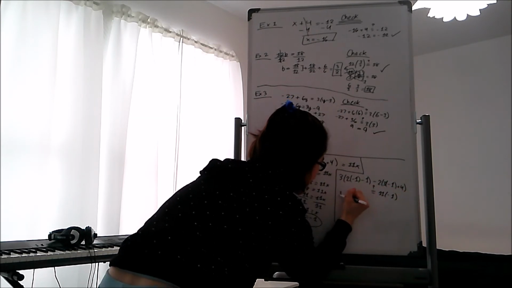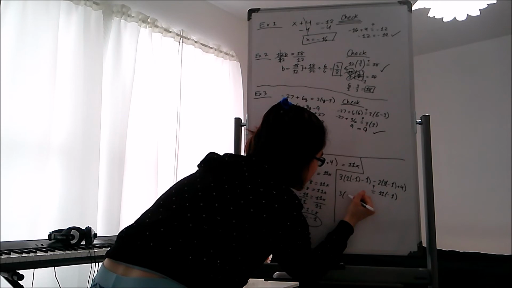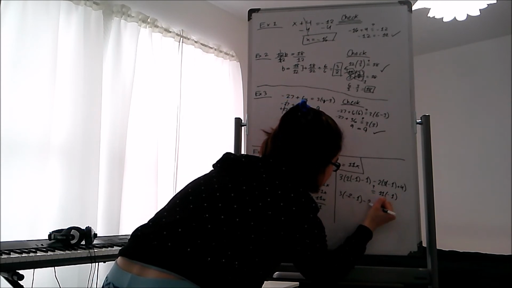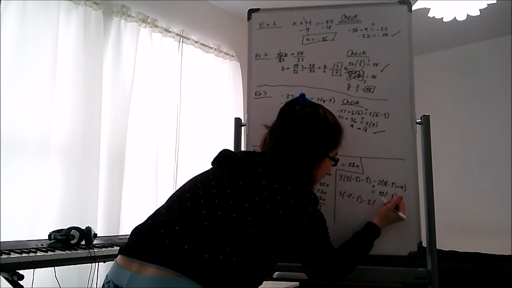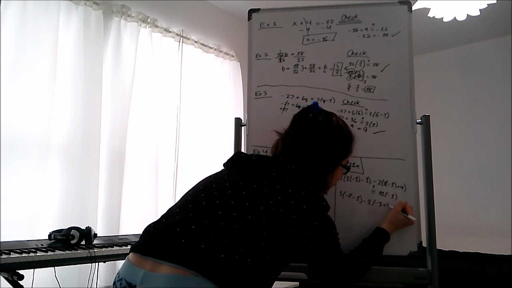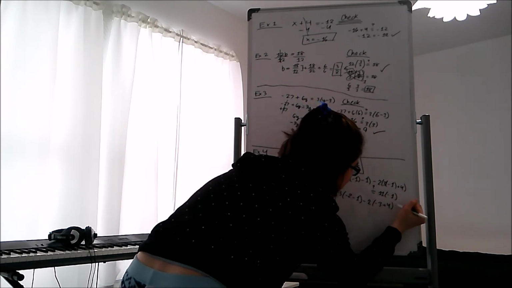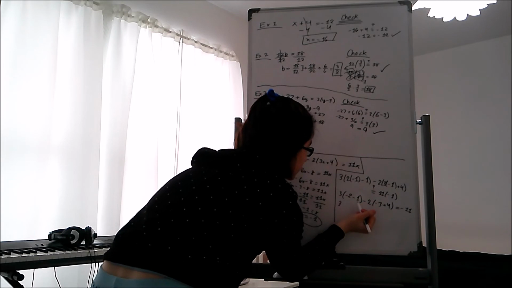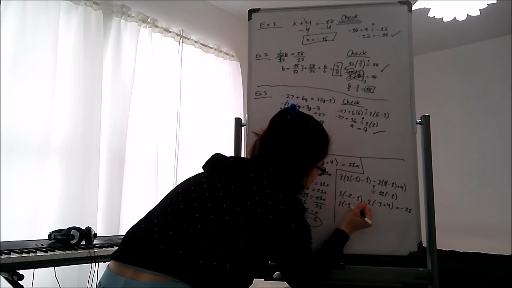So 2 times negative 1 is negative 2 minus 1, and then you've got minus 2 times 3 times negative 1, which is negative 3, plus 4. 11 times negative 1 on the right-hand side is negative 11. Negative 2 minus 1, that is negative 3.